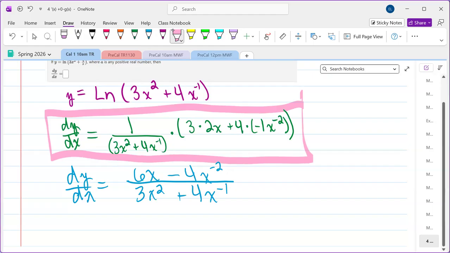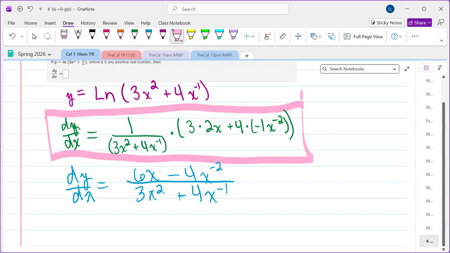But for the test, that first one is easier for me to grade. I can clearly see you did the natural log derivative times derivative of the inside. Yeah, the directions on all the derivative questions say you do not need to simplify.